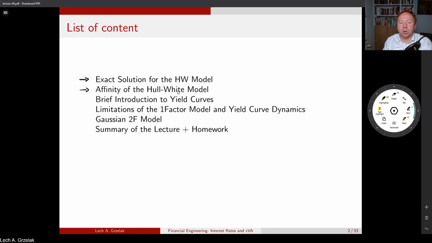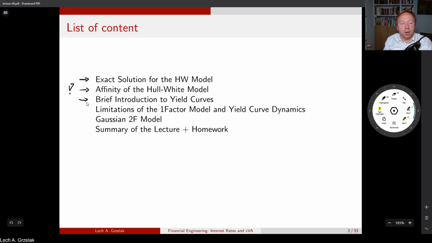At this point, I will concentrate on connecting the characteristic function, or discounted characteristic function, to zero coupon bonds. We will see that once we know the discounted characteristic function, we have essentially, at the same moment, the zero coupon bond in terms of that characteristic function. So this is very important and a very handy observation.